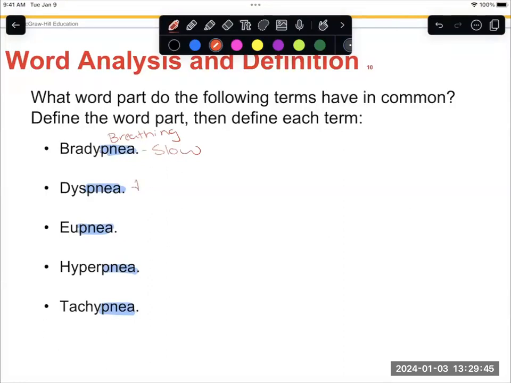Dyspnea means difficulty breathing. Eupnea means normal breathing. Eu is for normal. Hyperpnea means deeper and more rapid breathing. Well, tachypnea just means rapid breathing.